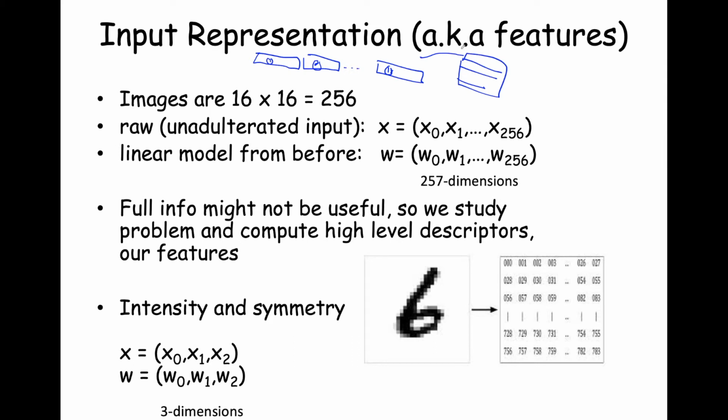In its raw form, we can take this 256-dimensional input feature vector and augment it with the dummy variable x0, as we discussed with the Perceptron Learning Algorithm. We can also build a linear model by taking a weight vector, W1 through W256, and augmenting that as well with W0, whose purpose was to absorb the threshold negative t.